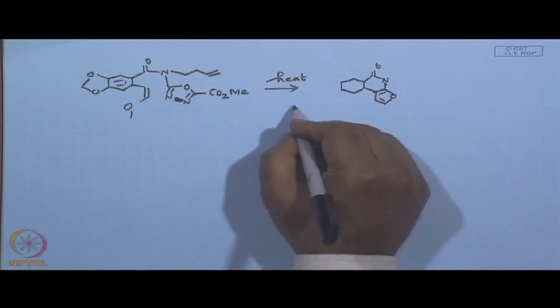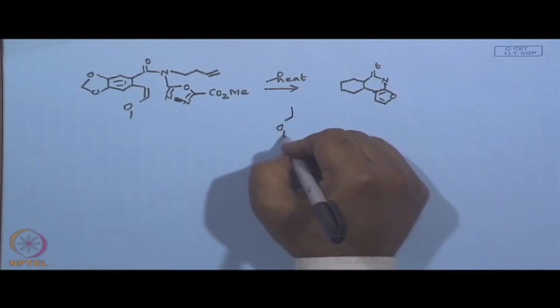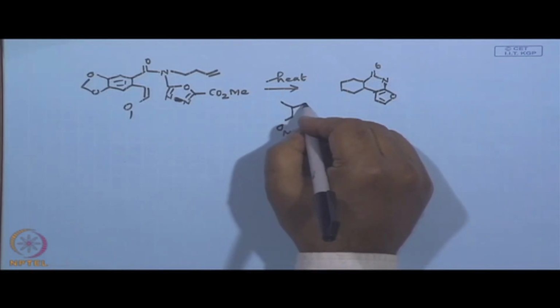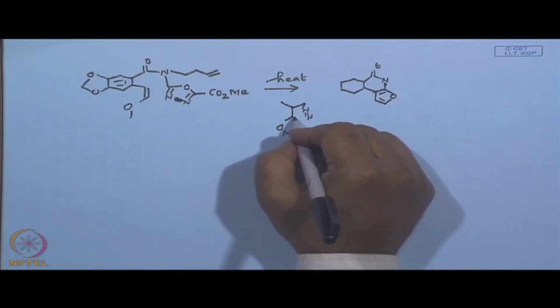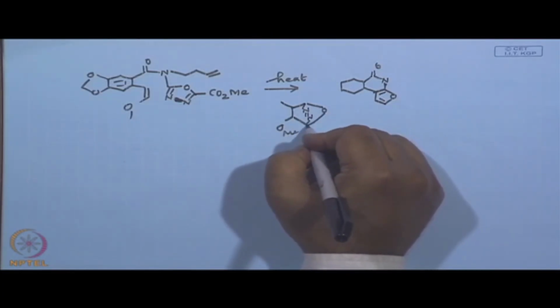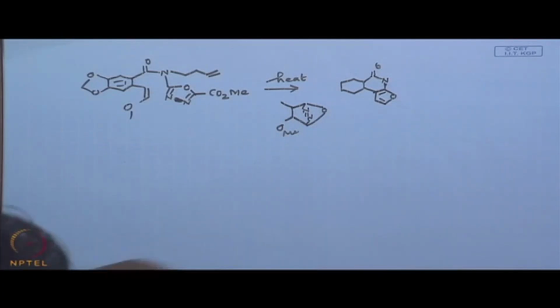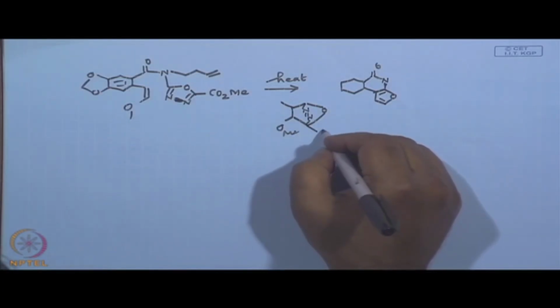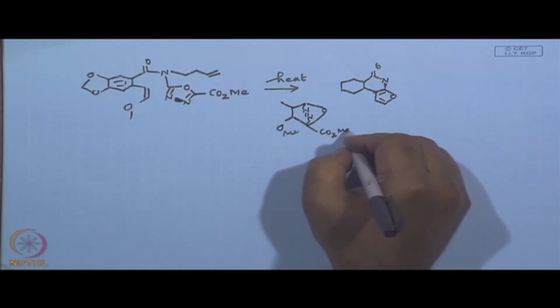So, first it forms OMe, and this is the aromatic portion, then what? This nitrogen and this oxygen, and adjacent to it you have this ester here.